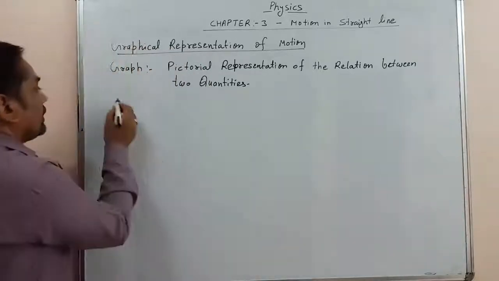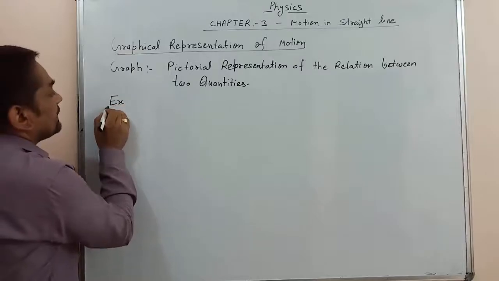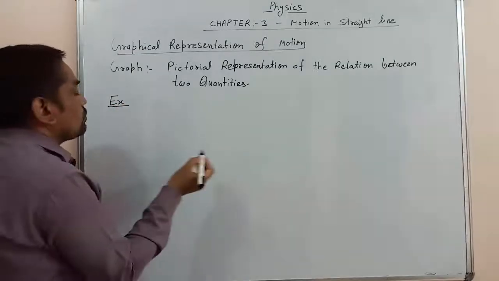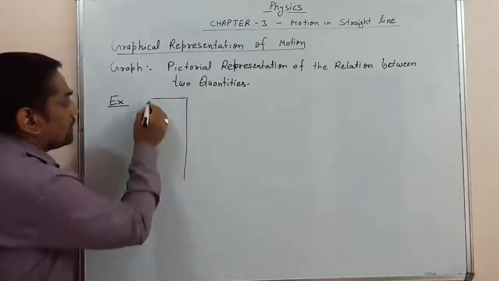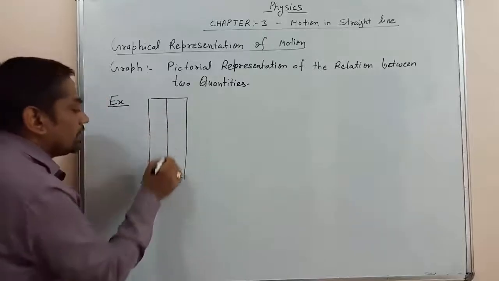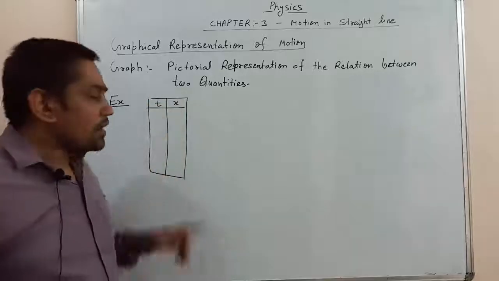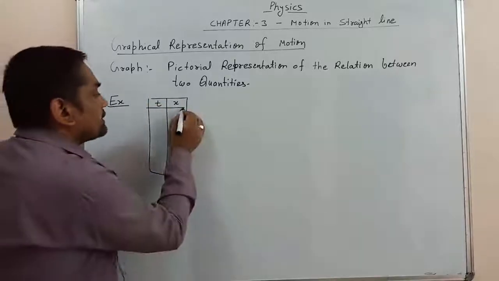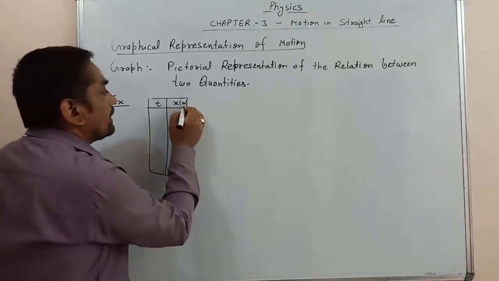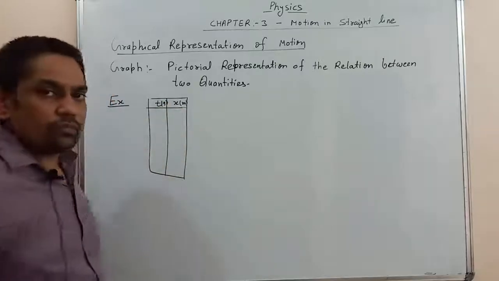Suppose we take an example where two quantities are given in the form of a table: time and displacement. Here x is displacement in meters and time is in seconds.